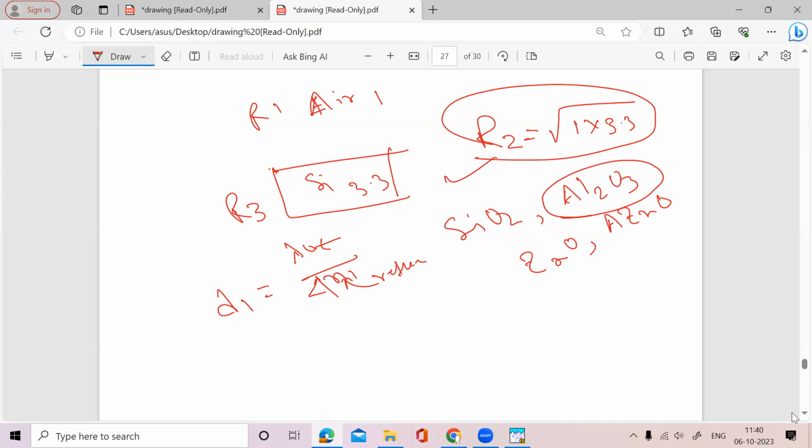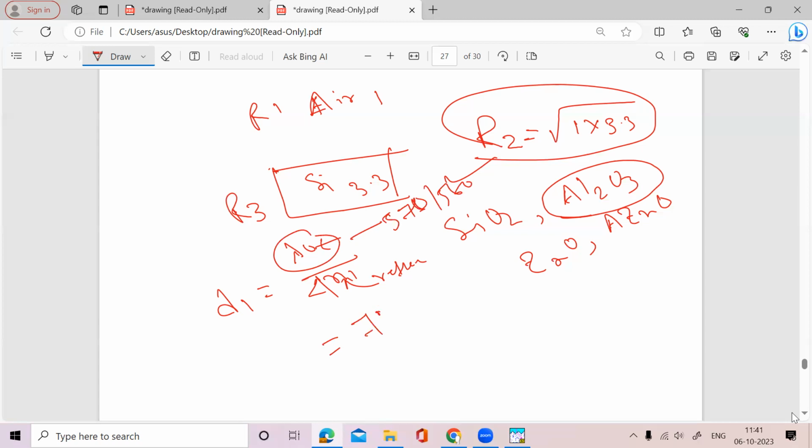A solar cell is a device that mostly works in the visible and infrared range, mostly at wavelengths of 550 or 560 nanometers. If you put in this value, you will find the thickness is 75 nanometers or 70 nanometers, like that. Okay, clear everyone?